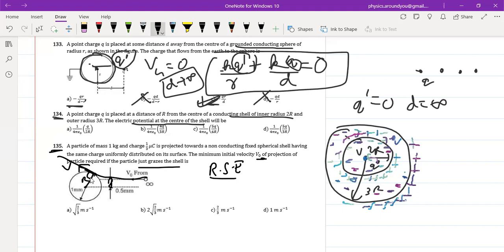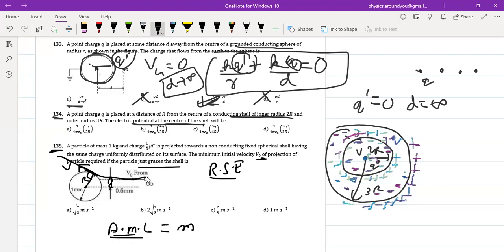That is the condition. So what are the various aspects? Let the speed at which it grazes be V. Many things are involved here. The first thing is angular momentum conservation. Wherever this just grazing condition appears, perpendicular condition appears, angular momentum is conserved. What is the initial angular momentum?